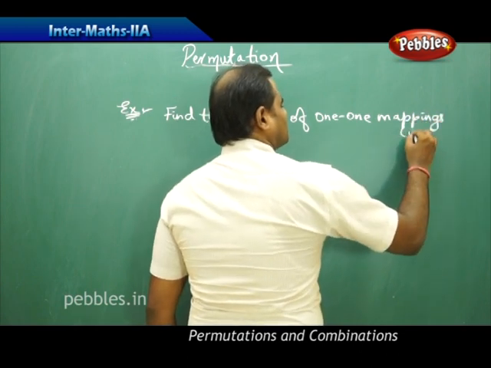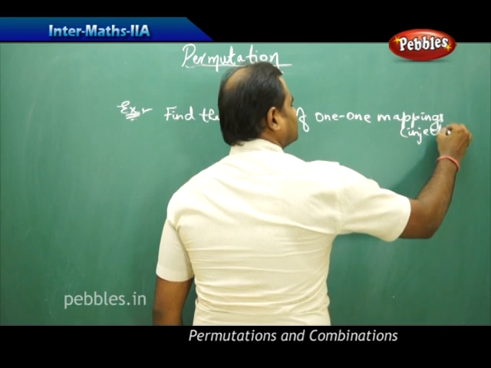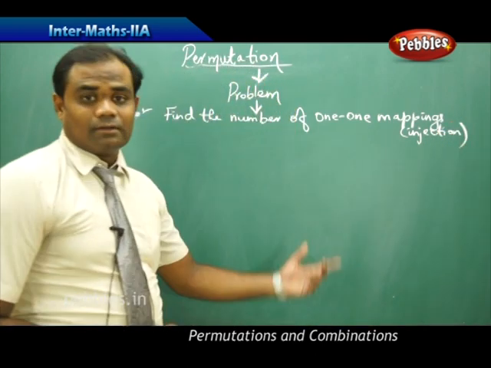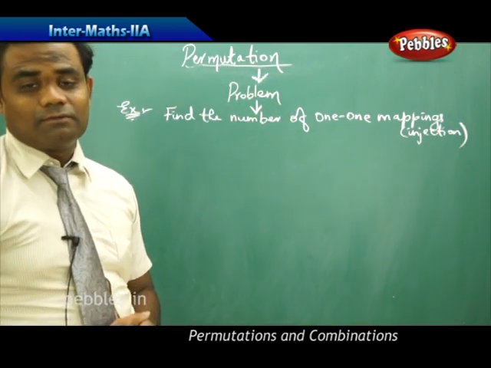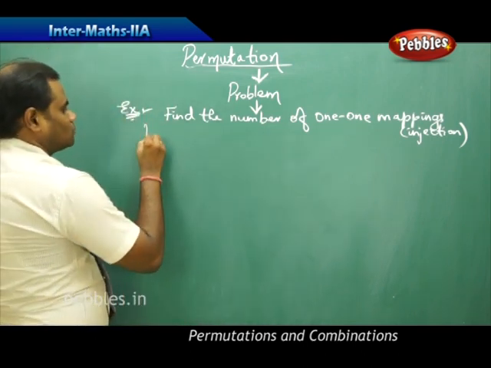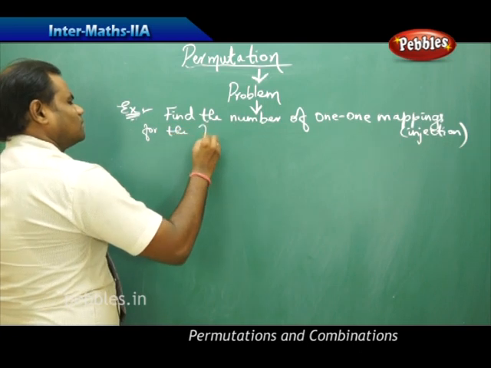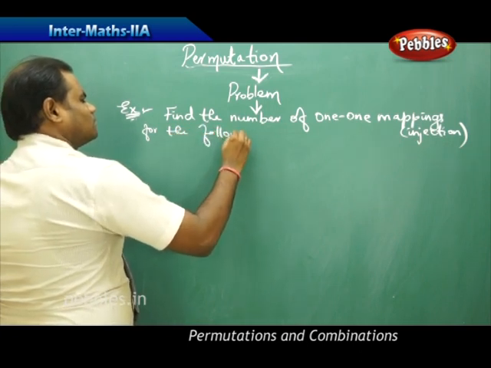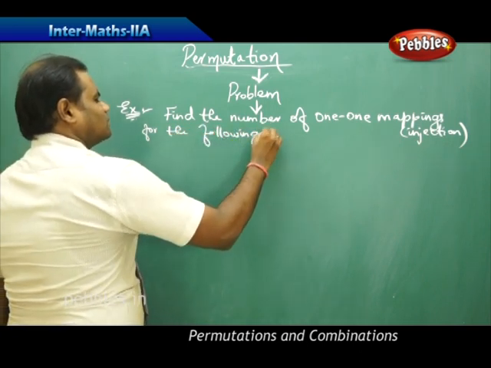We know that a 1-1 mapping is called an injection, or 1-1 function, in the topic of functions. Find the number of 1-1 mappings for the following function.